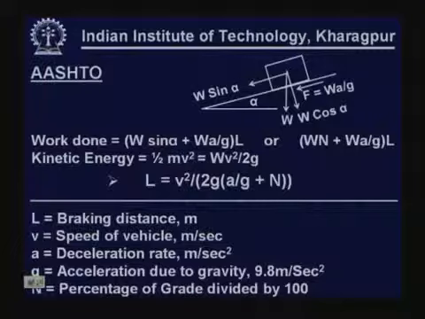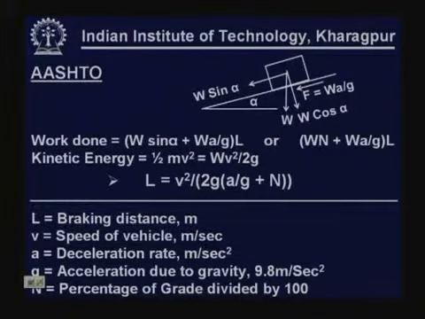Now, AASHTO, the basic understanding is the same. The only difference is AASHTO does not calculate it on the basis of coefficient of friction, it rather uses the deceleration rate. So, look at this sketch here. F is taken as mass into acceleration.